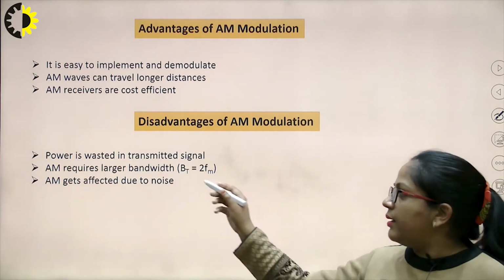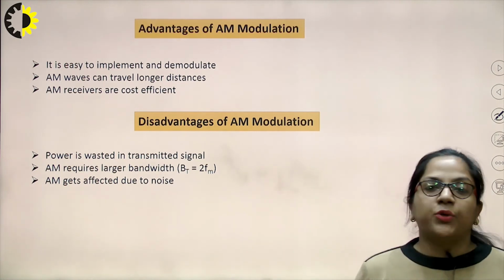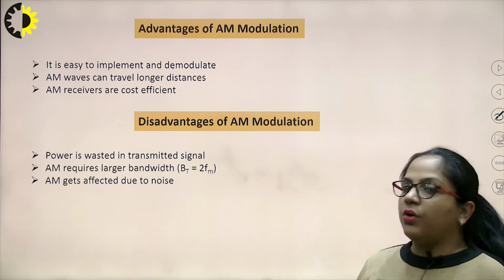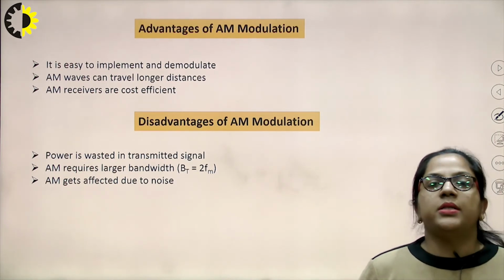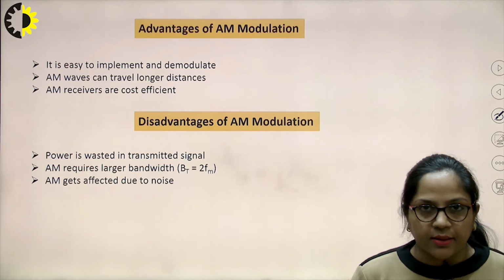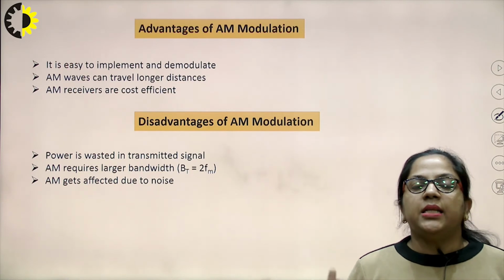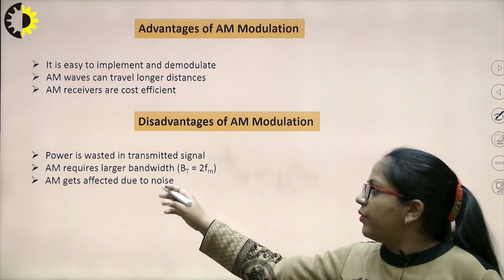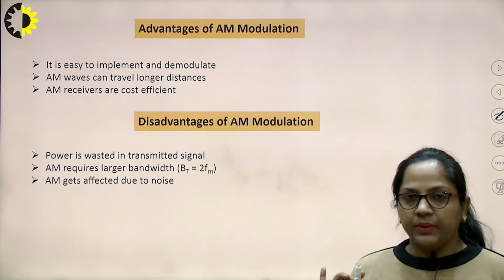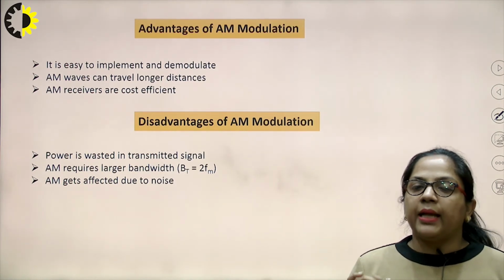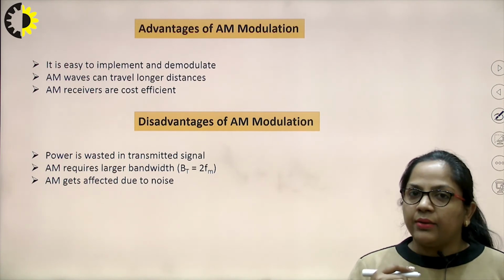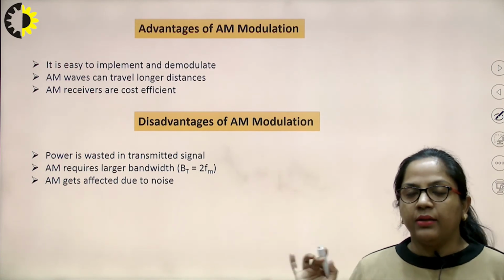AM requires larger bandwidth. The transmission bandwidth required for amplitude modulation is twice the value of the maximum frequency component present in the message signal. AM gets easily affected by noise, as the main effect of noise is on the amplitude of the signal, and in amplitude modulation our information is stored in the amplitude variation of the carrier signal.